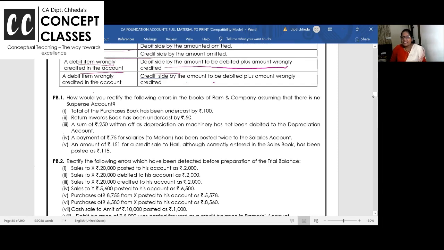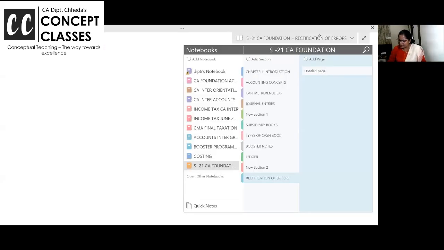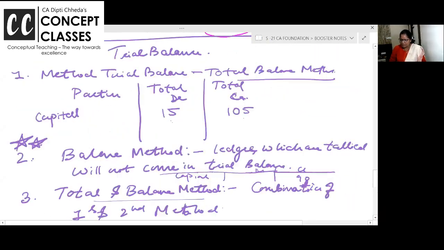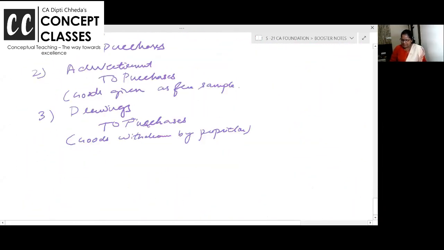Let us see the first type of the errors, before trial balance. Let us do one thing, go to your booster notes. We will write something. Go to your booster notes and write the heading Rectification of Errors. Last time we wrote this in the booster note, types of trial balance.